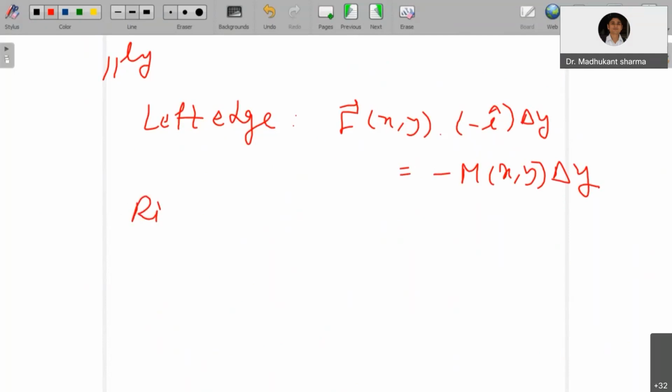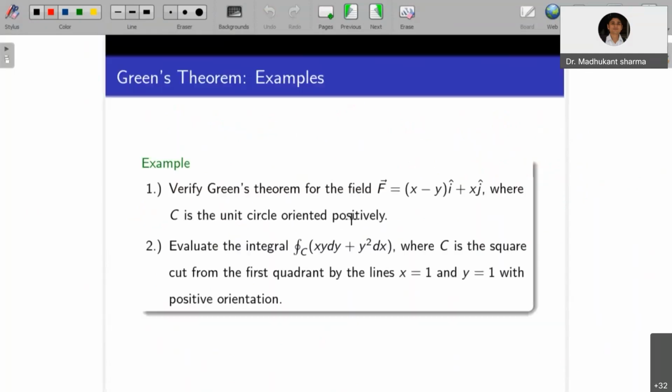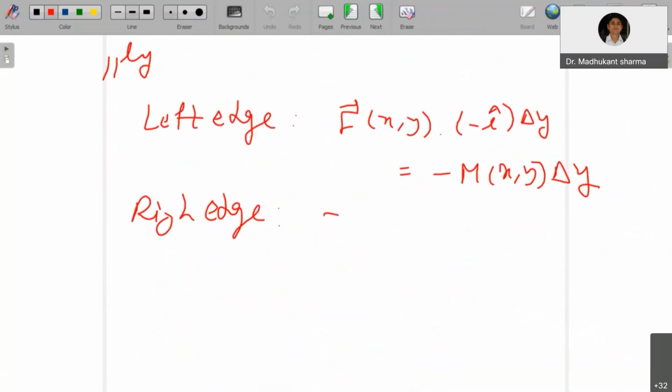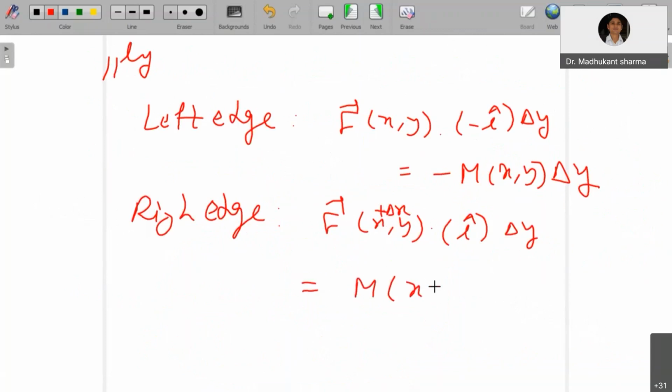And similarly for the right edge, the velocity field at x plus delta x comma y, dot product with i cap times delta y. That is f of x plus delta x comma y dot i cap times delta y, which equals m of x plus delta x comma y delta y.